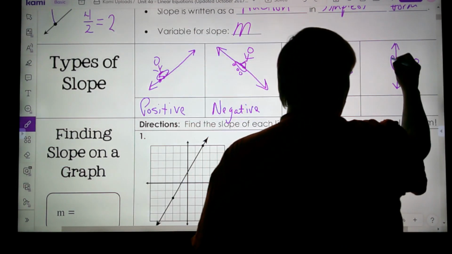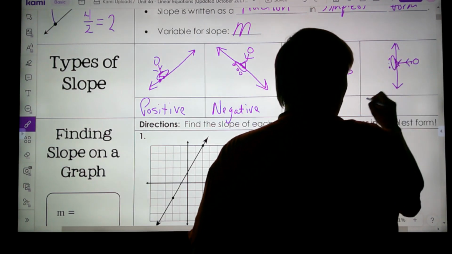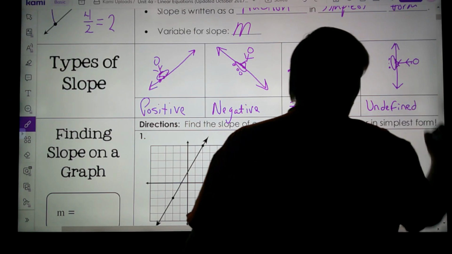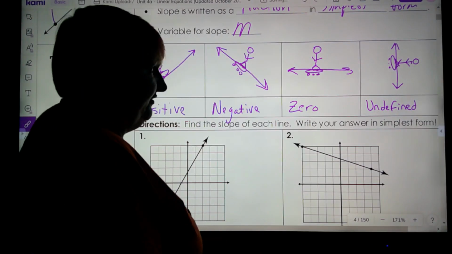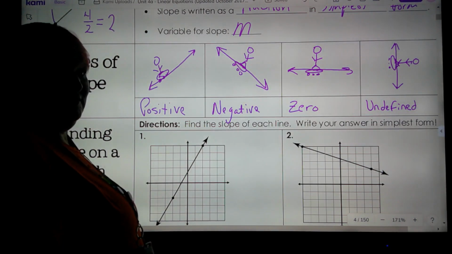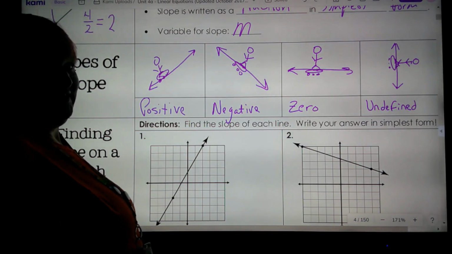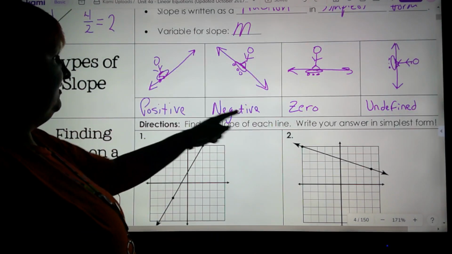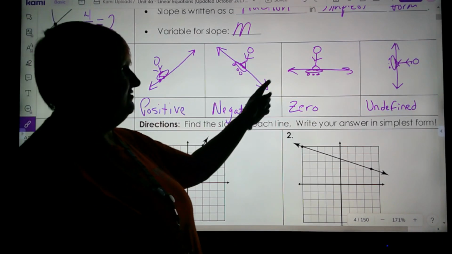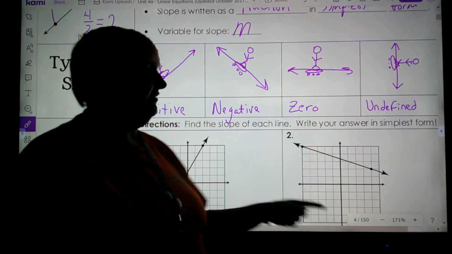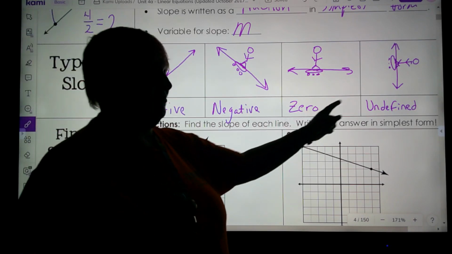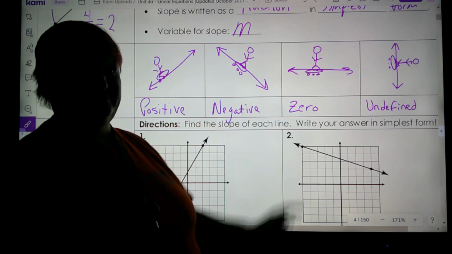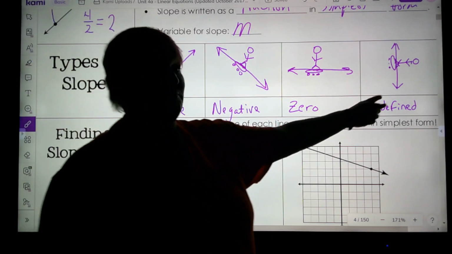He's gonna die, right? This is called undefined. That's not a slope, that's an impossible wall. There's no uphill or downhill there. It's just straight death. All right, 4 types of slope. Uphill, downhill, 0, undefined. Positive, negative, 0, undefined. 0 is flat. Undefined is impossible.